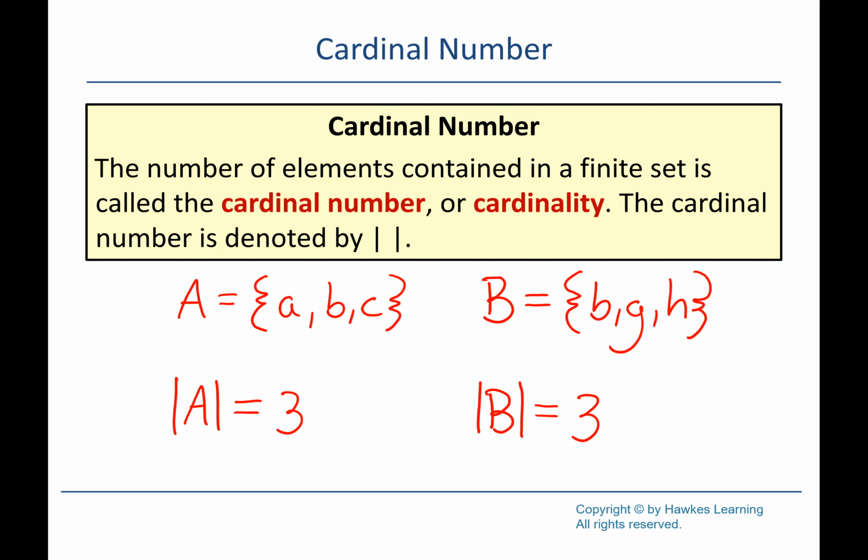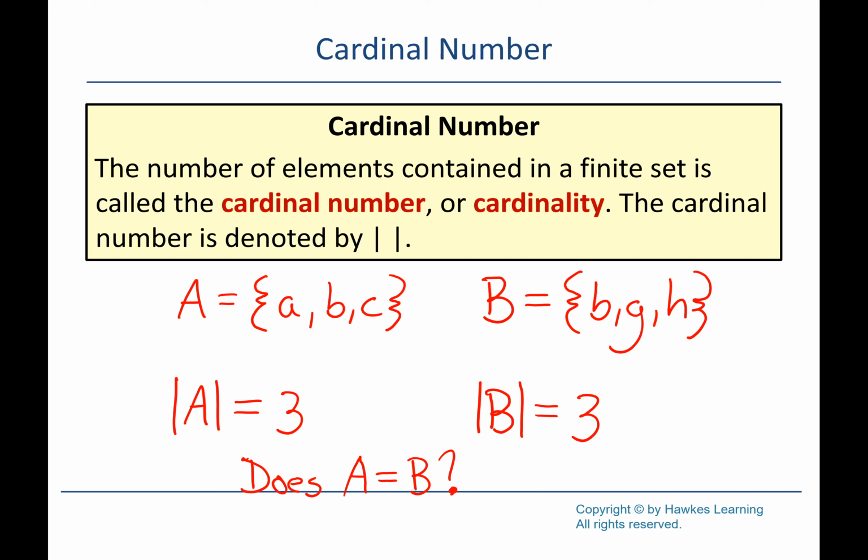But if we go back to our last vocabulary term, let me just write it down. If I asked you, does set A equal set B? No. Why not? That's right.